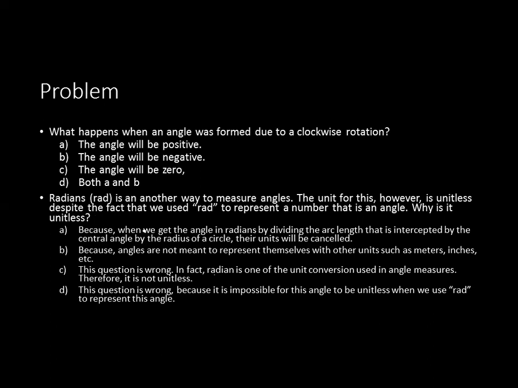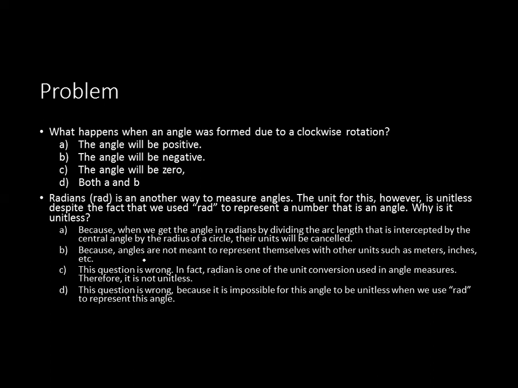A. Because when we get the angle in radians by dividing the arc length that is intercepted by the central angle by the radius of a circle, their units will be cancelled. B. Because angles are not meant to represent themselves with other units such as meters, inches, etc. C. This question is wrong.